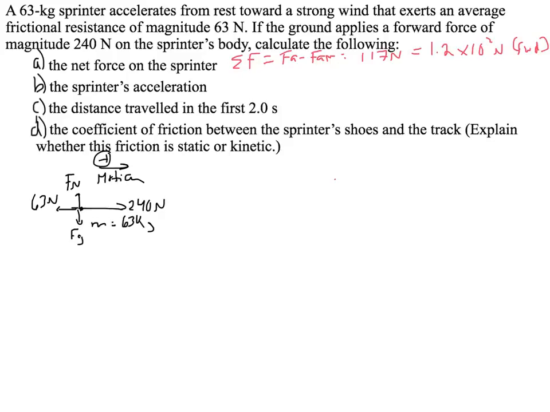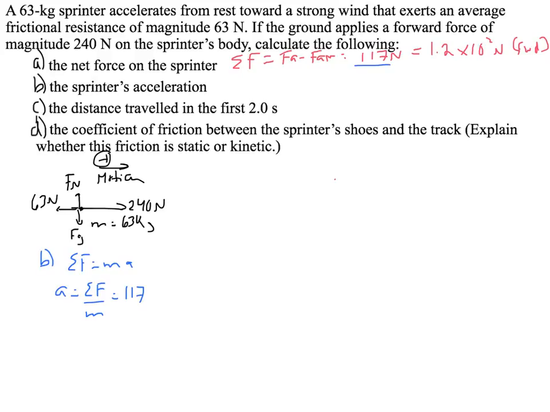So for B, I'll do B right here. Sum of the forces equals mass times acceleration. We're looking for acceleration, so A is going to be sum of the forces divided by mass. Sum of the forces we just found was 117. Now you have to use 117 instead of 1.2 because we don't want to round too early.